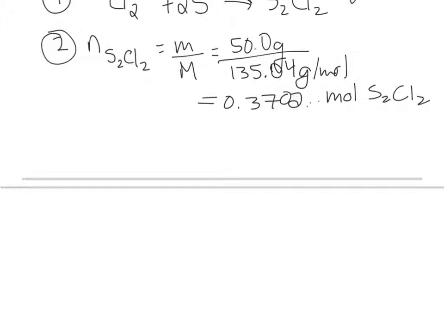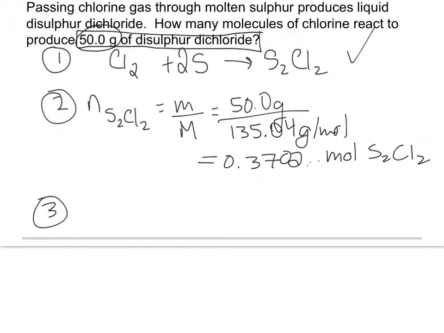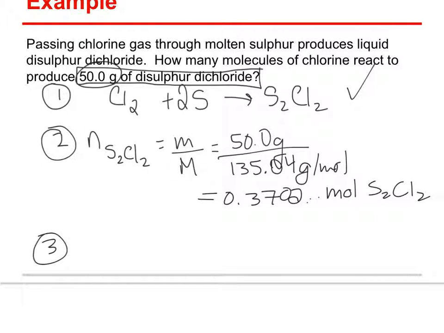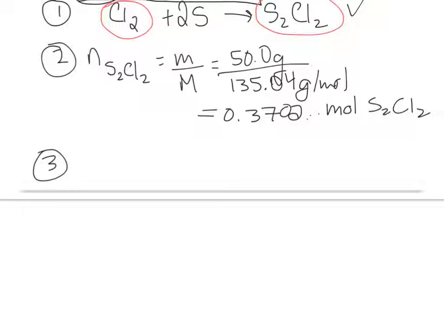Step 3 then is setting up our mole ratio. So we know from our balanced chemical equation that, what are we looking for here? We're looking for moles of chlorine, and we're given mass of disulfur dichloride. So for every 1 mole of chlorine gas that reacts, we produce 1 mole of disulfur dichloride.